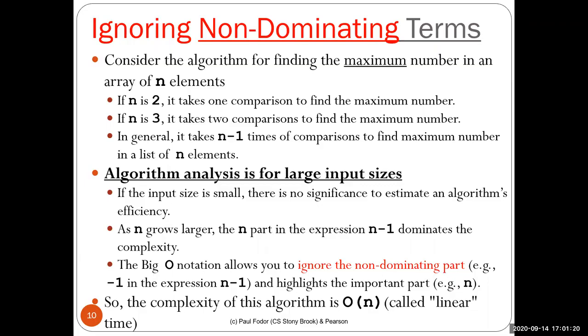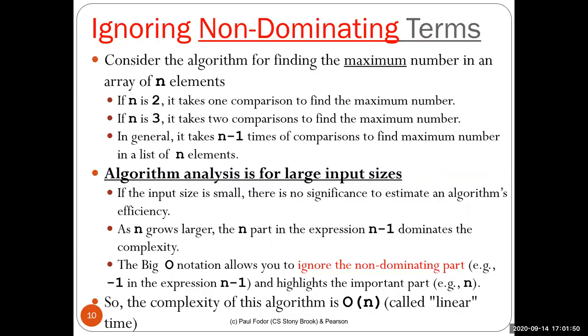N square is growing much faster than n. So n is really a non-dominating term. When we are talking about 1,000 or 1 million, the square of that is much bigger than the value of n. So the non-dominating terms are not important. You should not consider them when you compute the big O notation.